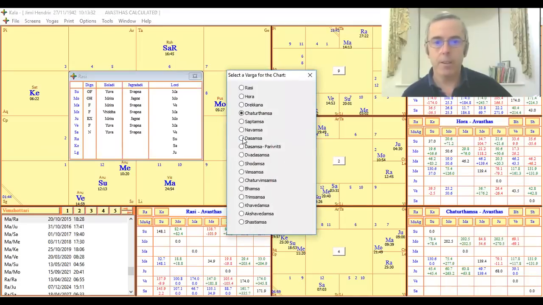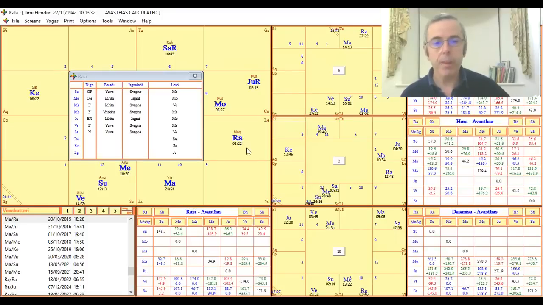How about in terms of career? We have Ketu in Aries, and how is Mars in the Navamsa chart? Mars is in neutral dignity. And you've got Rahu in Libra, which is ruled by Venus, and Venus is in a friend's sign, right?